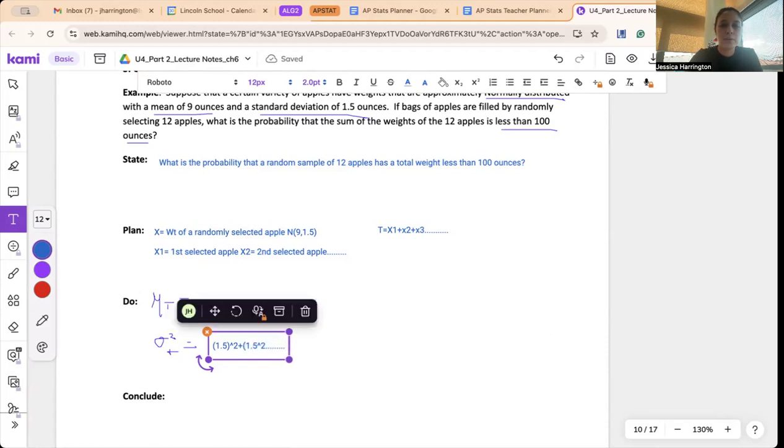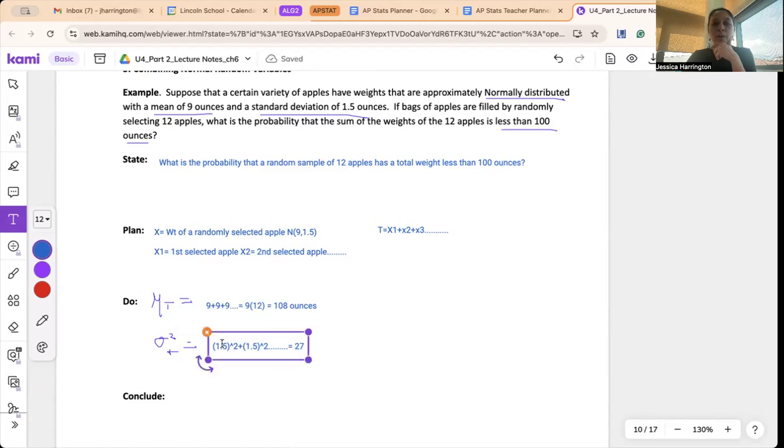You end up with this equaling 27. I think it's 27. 1.5 squared times 12, let me check here, 1.5 squared times 12, 27. So our variance of the total is 27. Not our standard deviation, I said the wrong word, our variance.